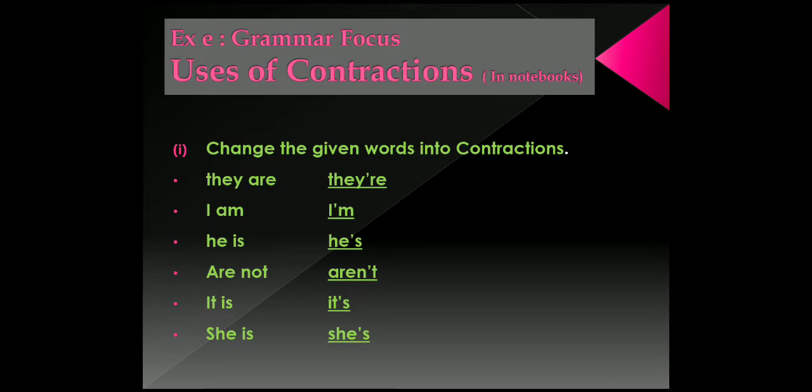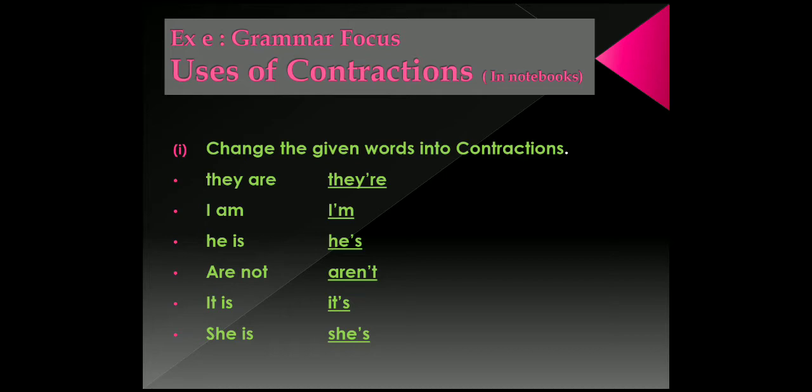Remove i, put an apostrophe and bring s closer to he. Are not. Same in are not. We remove o, bring n closer to the word are, and put an apostrophe in place of o. It is. We remove i, remove the distance, bring s closer to the word it, and put an apostrophe in place of i. She is.